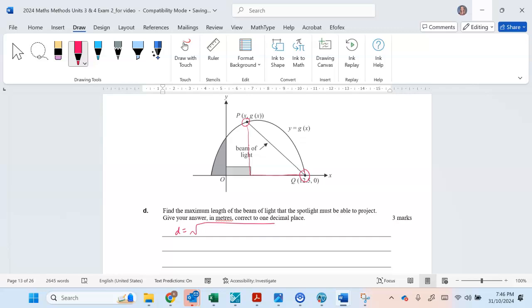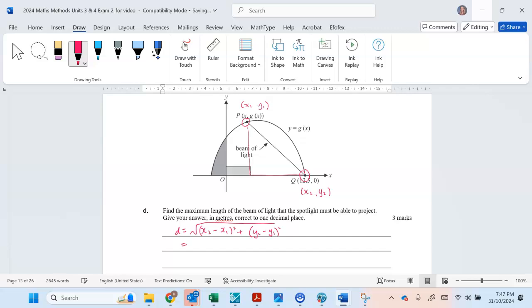If we have 2 points, P is at our x1, y1, and then this could be x2, y2. So let's do x2 minus x1, plus y2 minus y1, and we're going to square them.